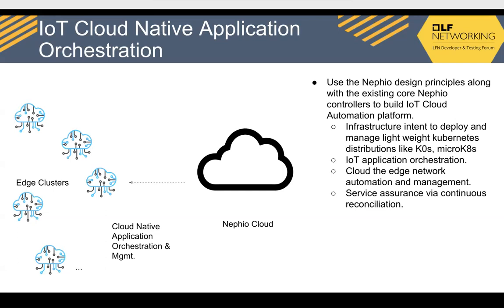Nephio can be used to set up the infrastructure by provisioning lightweight Kubernetes clusters at the edge, and then it can be used to deploy the IoT application on top of that. It can also take care of network automation and management, and things like service assurance via continuous reconciliation.